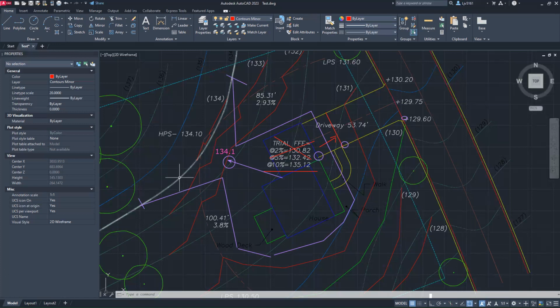Roughly. It needs to go around the building because your building FFE is above 134, and between the high elevation and the 130 over here, you have to have a 134 contour. And then your 133 would go something like this, then wrap around again. Again, I'm not being accurate in terms of where exactly they are.